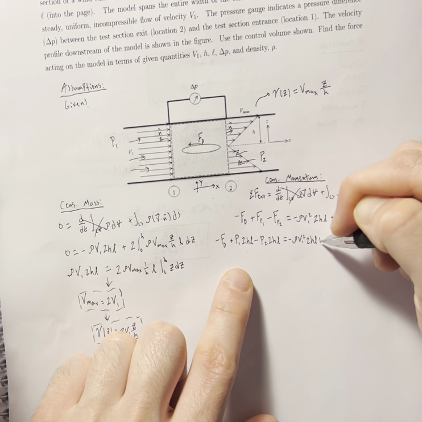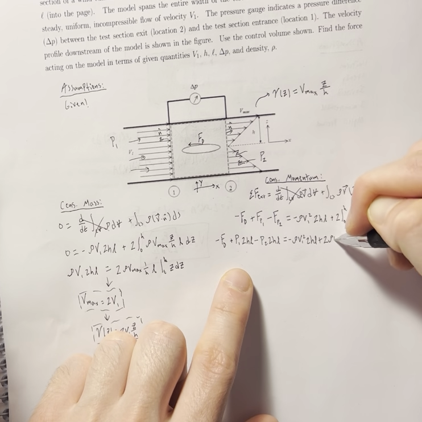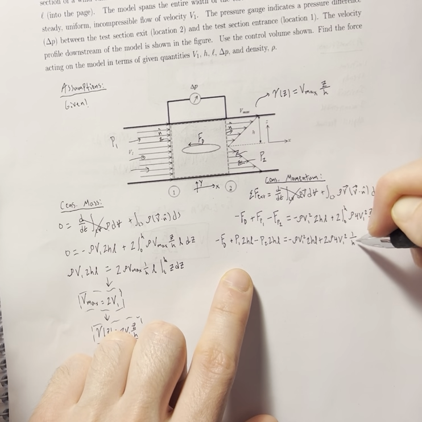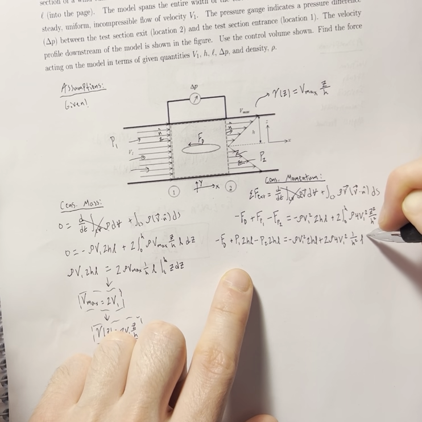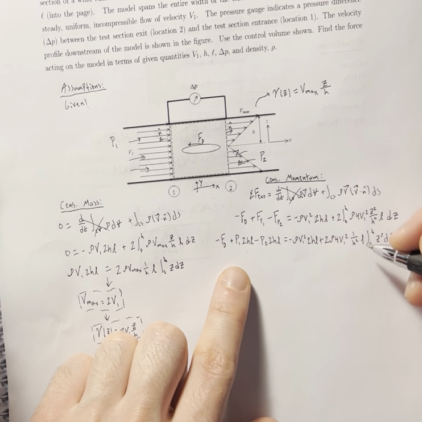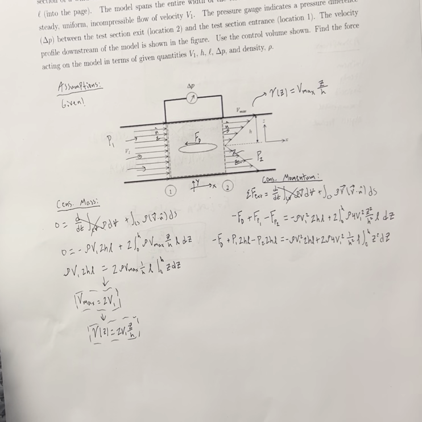Again, let's bring out all of the stuff we can from here. And I'll leave you to do this integral. It's, again, super easy. It's h cubed over 3 once you get all done with it, but whatever.